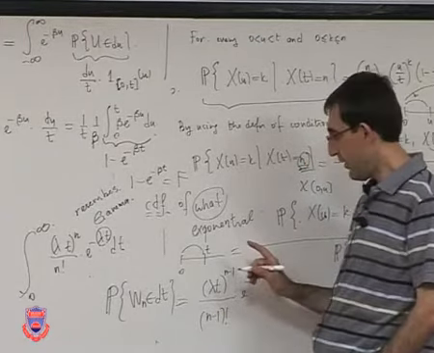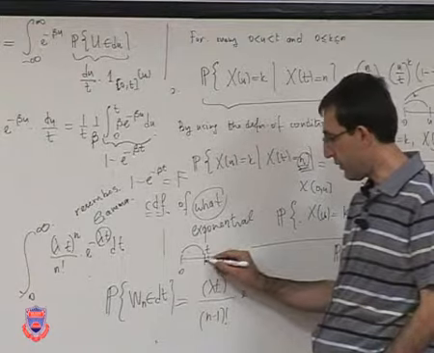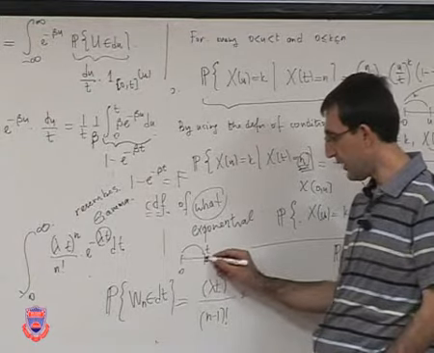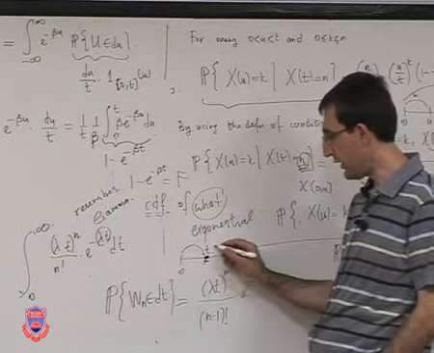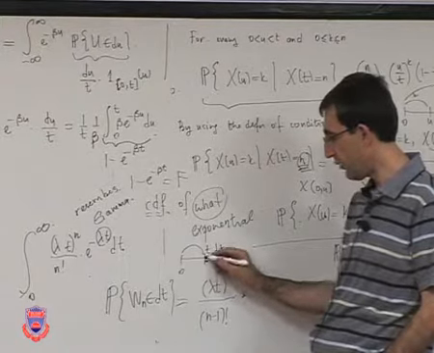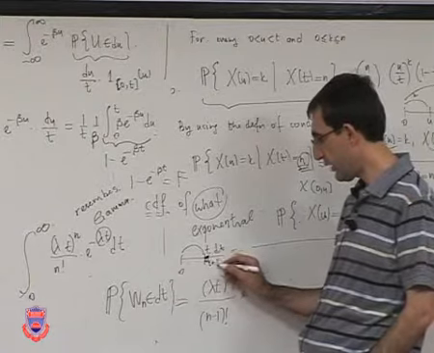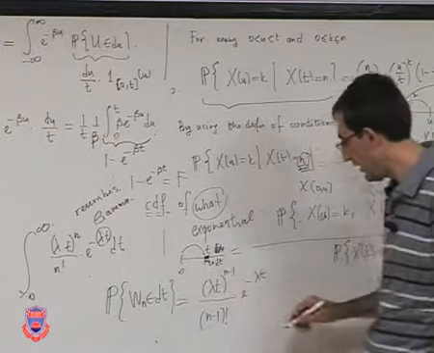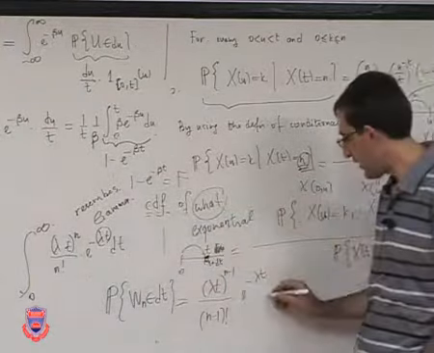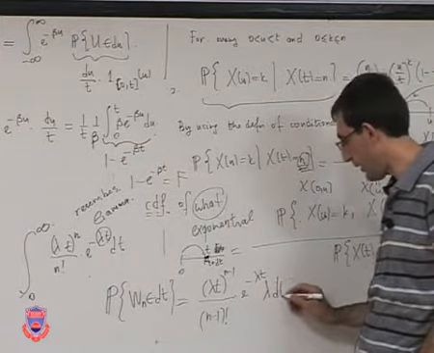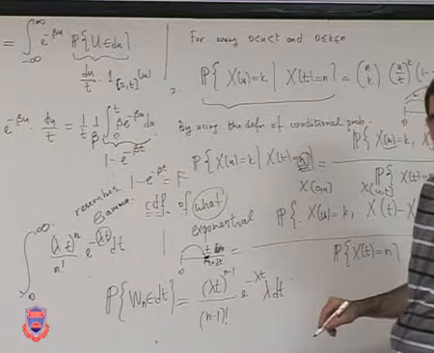Times lambda. Now we also have to multiply this with the probability that there is exactly 1 arrival in the next dt units of time, from t to t plus delta t, or dt. And we discussed it several times. This has approximately the probability lambda times dt, right?